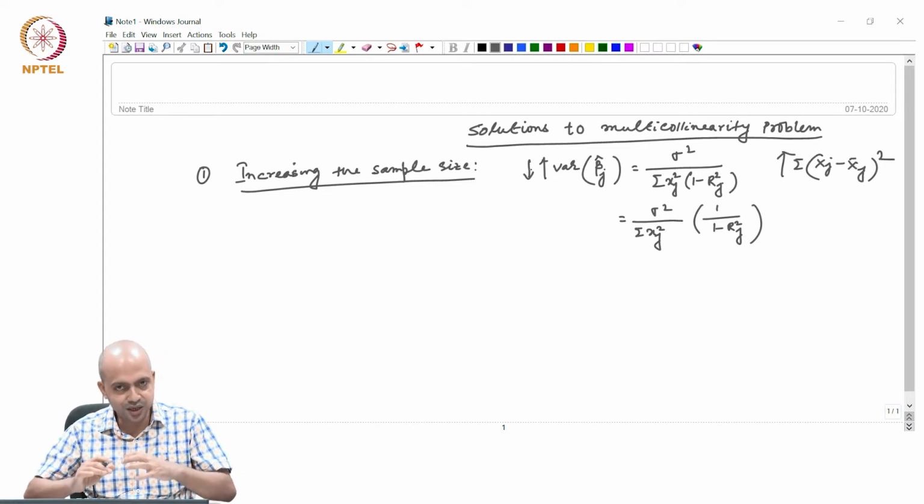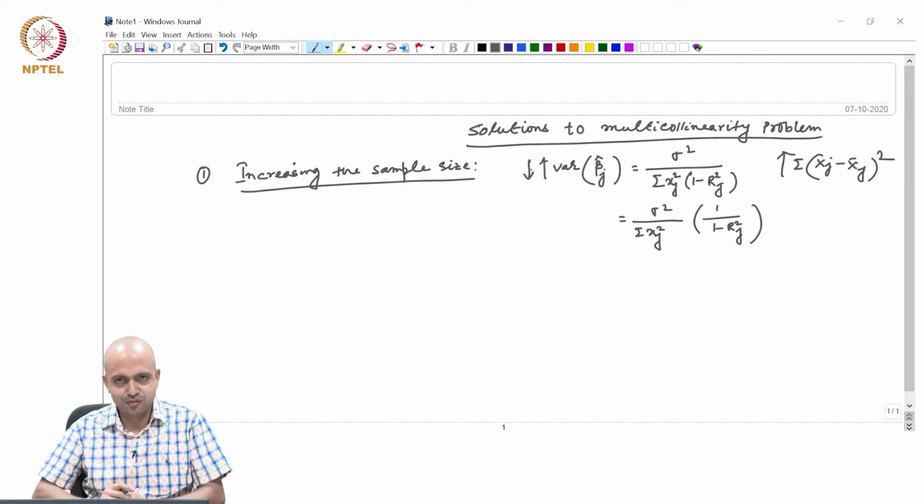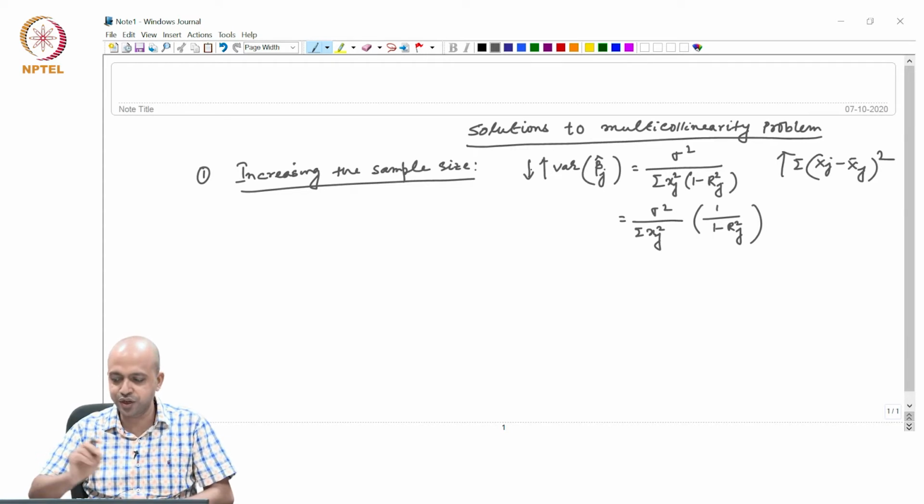That gives some counter impact on the VIF, and as a result the severity of the multicollinearity goes down as you increase the sample size.